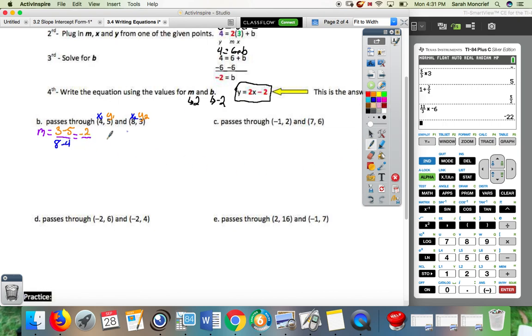That is 4. So can we simplify negative 2 over 4? Yes, that will be negative 1/2. So your m should be negative 1/2.